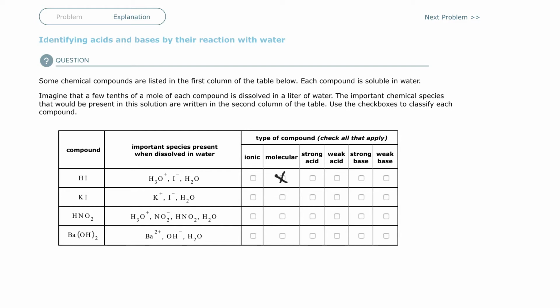Iodine's a nonmetal in group 7, so it has to be ionic. Then we have nitrous acid, HNO2. Hydrogen is a nonmetal, nitrogen's a nonmetal, oxygen is a nonmetal. So all these would be molecular.